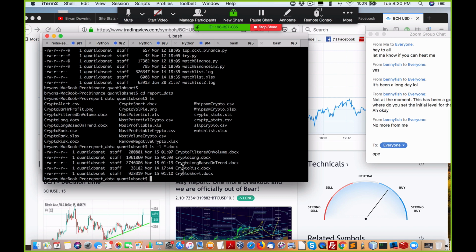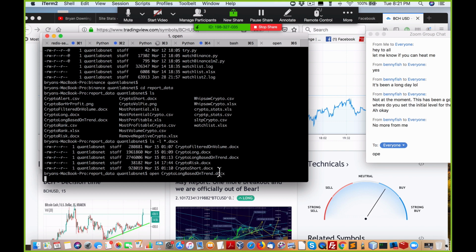Usually this is the best one right here. It's based on shorting opportunities and longing opportunities, and I filter them out on volume, and I also filter on trend. Usually the one on trends is the best one.